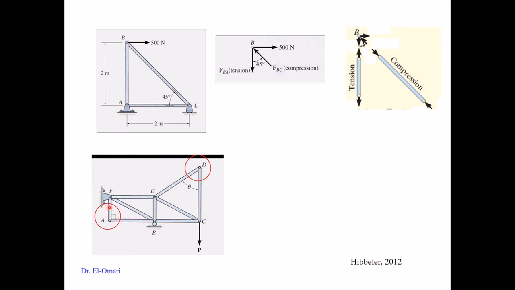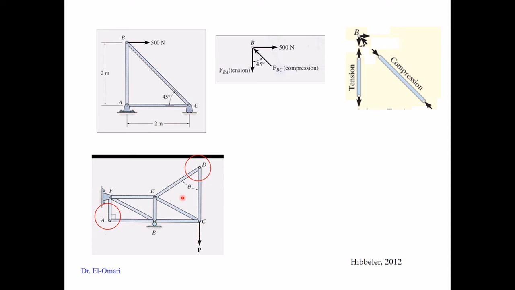So if two members are non-collinear, and there are no external forces, then you can say that these two members are zero members, which means the magnitude of the force in those members is zero. This is also a case of non-collinear members. They don't share the same line, and there are no external forces. Then these are zero members.